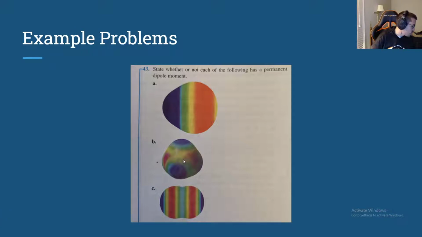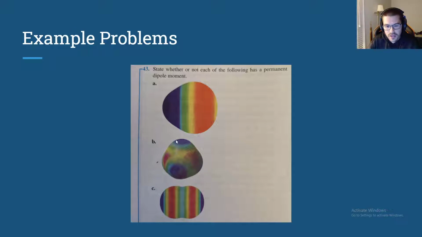Now for part B, if you want to look at this problem in the book, it's on page 353. It's letter B in number 43. This is supposed to be a 3D picture, and I believe this is supposed to represent a molecule of methane, which in 3D adopts a tetrahedral shape. So there's a blue region off to the left that's pointing away from us that we don't see, along with a matching region over here that's pointing away from us.